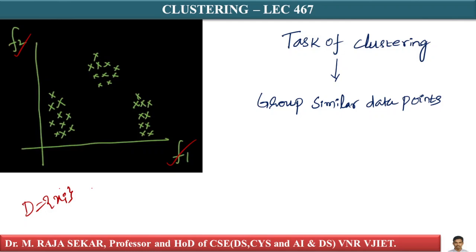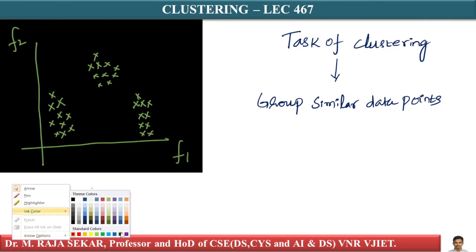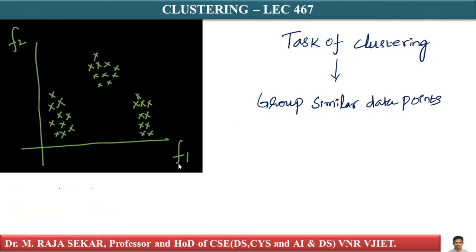For now, geometrically speaking, imagine I have feature f1 and feature f2. Let me assume this is my feature f1 and this is my feature f2.